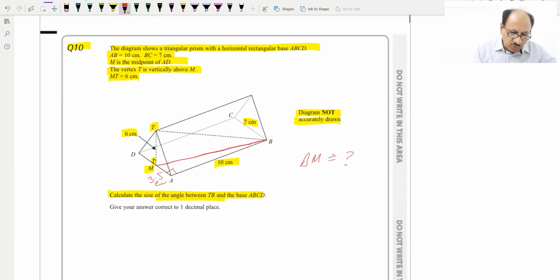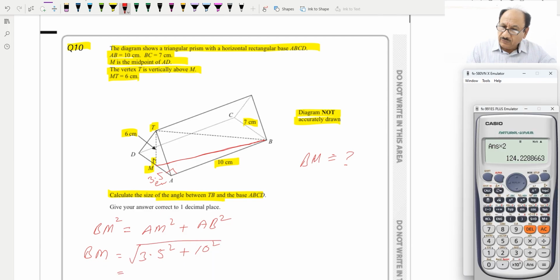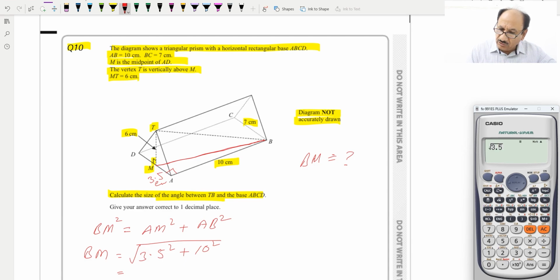So we can apply Pythagoras theorem. So BM square will be equal to AM square plus AB square. So BM we can write equal to the square root of 3.5 square plus 10 square, and we can calculate this.